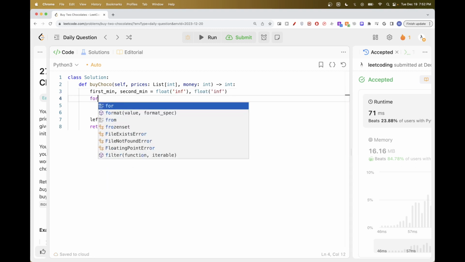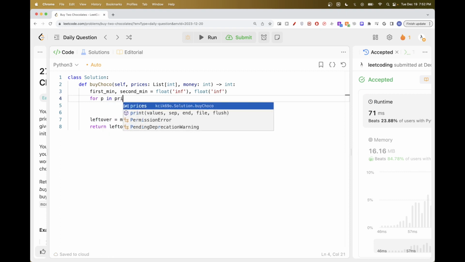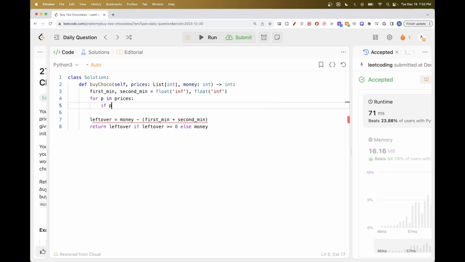And now we'll just go through the prices. And we'll check if the value is smaller than first min, then we have a new first min, right? I think this is easier if we call it smallest and second smallest.